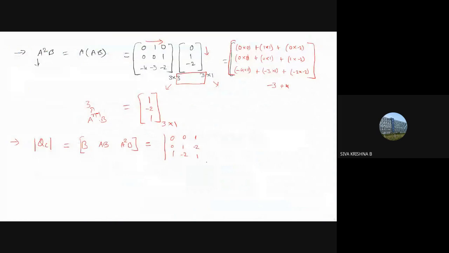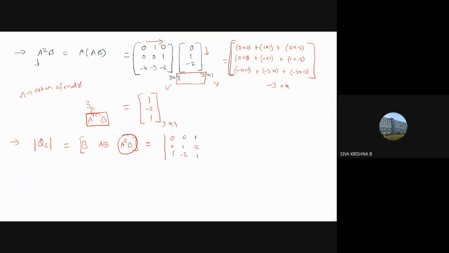See here, I'm repeating QC. We are going to find the determinant of QC to check whether the system is controllable or not. Why are we considering only up to A square B? Because the formula is A power n-1 into B, where n is the order of the matrix.